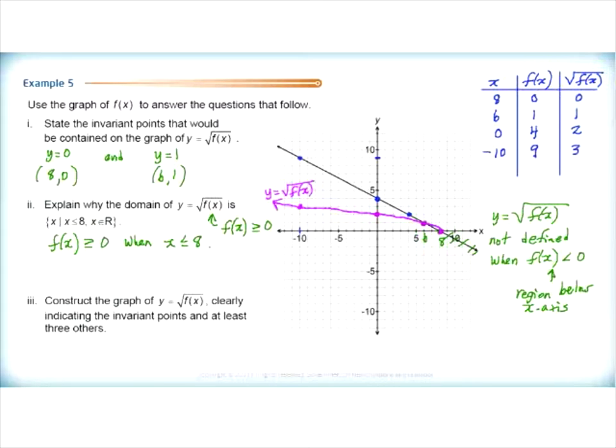When x is equal to 4, you can see there that the graph passes through y equals 2. So then the corresponding value on the square root function would be the square root of 2, which is approximately 1.4. So in that case, it's not a clear-cut point, but you would have to estimate that that point is at 1.4, which is the square root of 2.